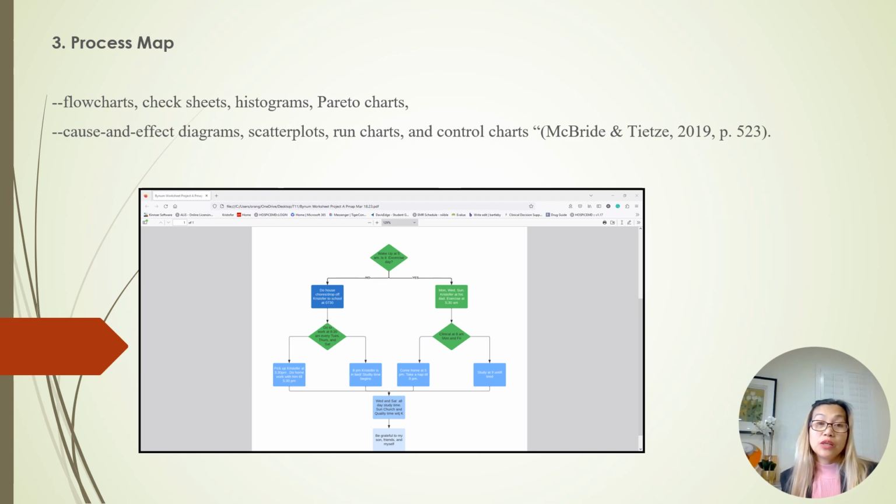In order to do this, we need to look at how we're going to do it. We need to analyze. We need a process map, the flow of how the work is going to happen. In my personal project, I use a flow chart, like where do we begin, then the second step.